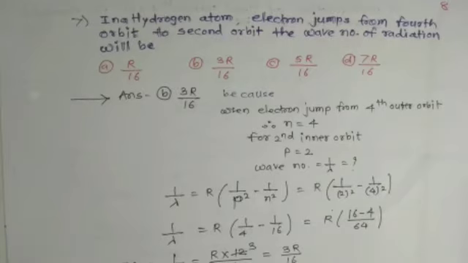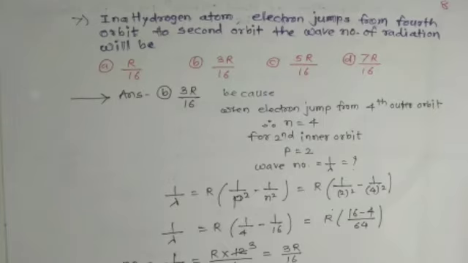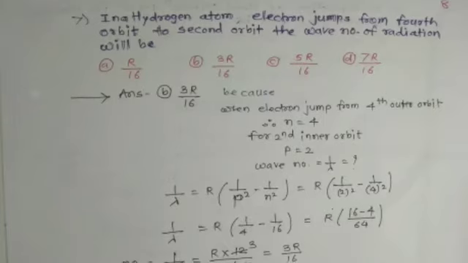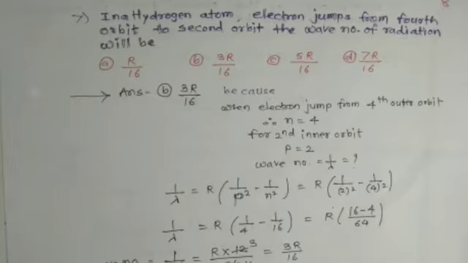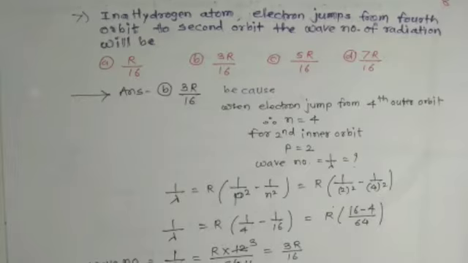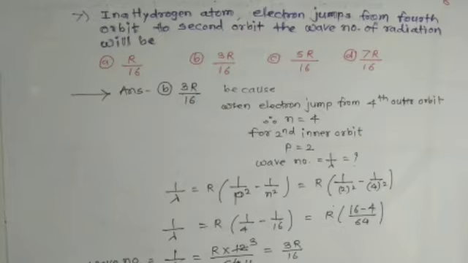Another numerical based question, question number 7: in a hydrogen atom, an electron jumps from 4th orbit to 2nd orbit.